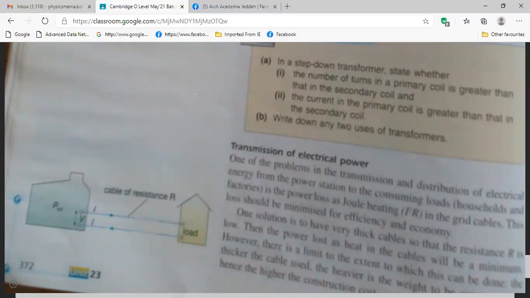There are other problems also: due to too much heat, the wire may become too hot, and the cable may catch fire, right?